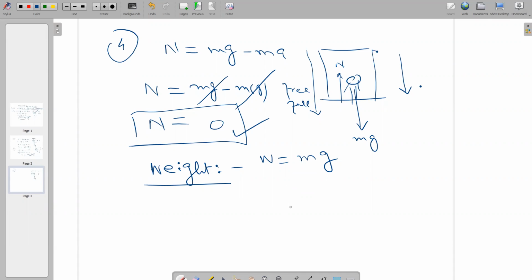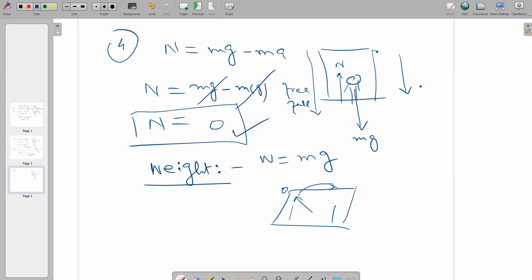You can understand the concept of this one if you have a weight balance, either it is digital or it is analog. So suppose this is analog balance and its needle is here, it's 0. So when you put your feet here and here, the needle is moving in this direction.